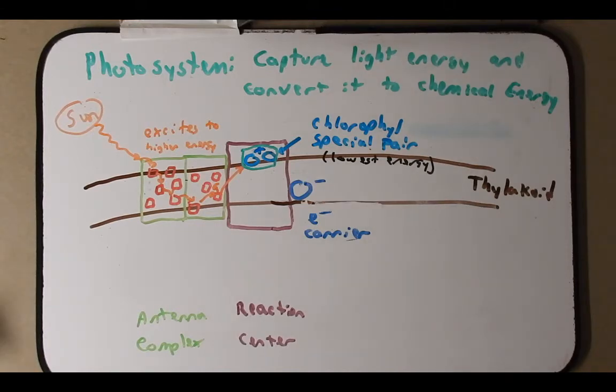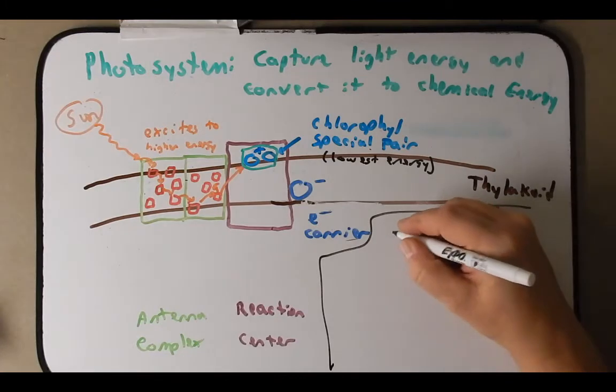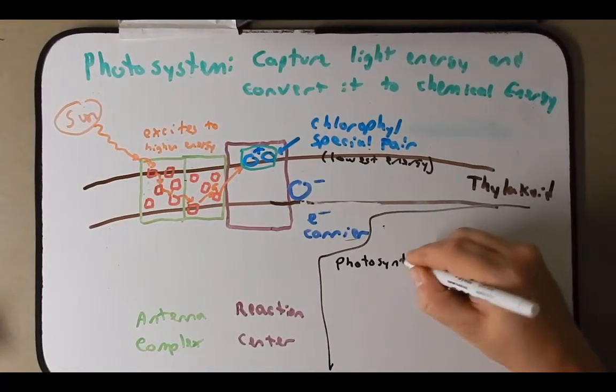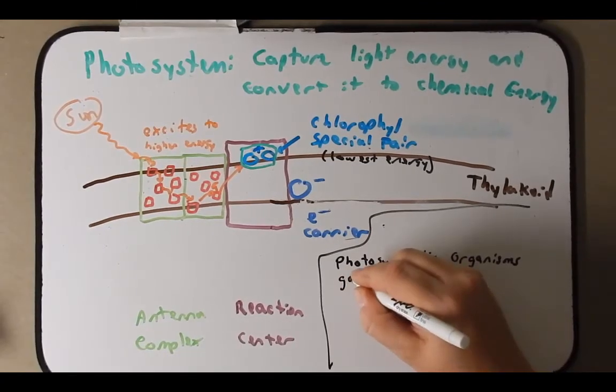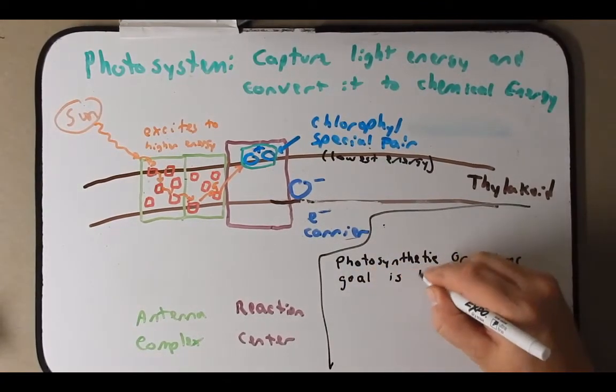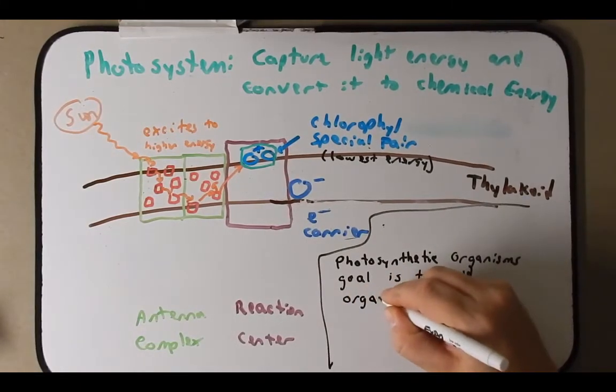Now before I go to a new board here, I want to keep this picture here because there's something I want to come back to in just a moment. So I want to mention something down here in the corner. So let me box this off here. And I want to remind you that photosynthetic organisms' goal, or one of their main goals, is to build organic molecules like sugars.